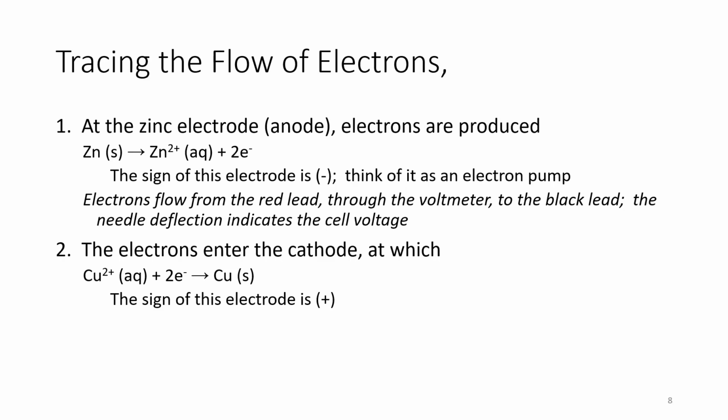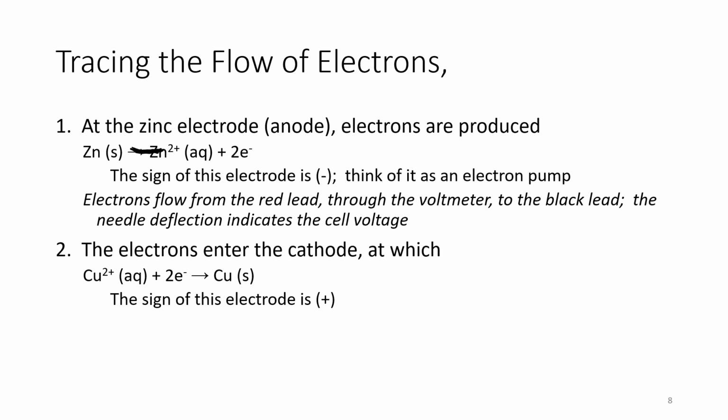So notice that if we looked at that voltaic cell, at that zinc electrode, which is what we call the anode, the electrons are produced. So what's happening there is that the zinc electrode itself, that is the solid piece of zinc, is actually throwing off some zinc 2 ions into the solution.